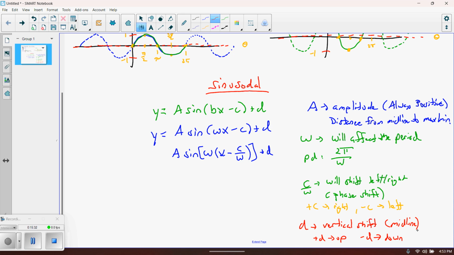And then the only other thing that we hadn't talked about so far, like I said, was, well, what if there is actually a negative value out in front of your sine? So that a value, the amplitude, is actually a negative. Well, again, the amplitude is going to be a positive value no matter what. But if there happens to be a negative a value, and I'll write this down here, a negative a value will reflect the graph over the x-axis.